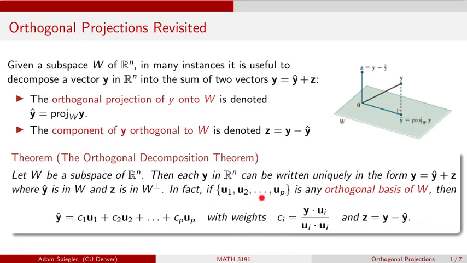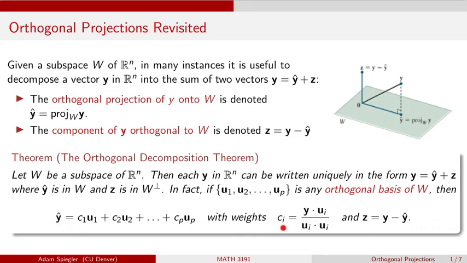Using this orthogonal basis is really convenient because this gives us a nice formula for finding the weights that we need for each of these orthogonal vectors in our basis, so that when we take that linear combination of basis elements from this orthogonal basis, we get y hat. We get the orthogonal projection of y onto W.